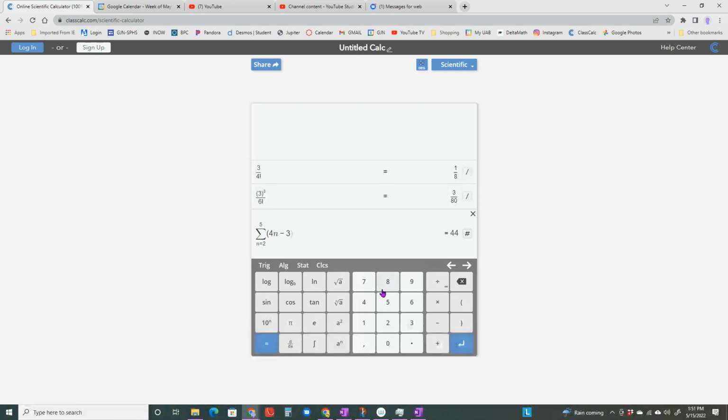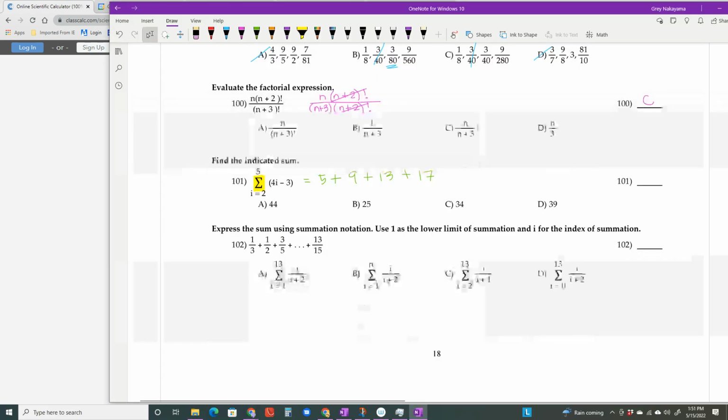And if you can't find the n, y'all, if you look up on your phone, up near the top, it says ABC. So you just click ABC, and then you will be able to type in an n in your actual calculator. So I'm looking for an answer of 44, which is A. So this problem, answer is A.